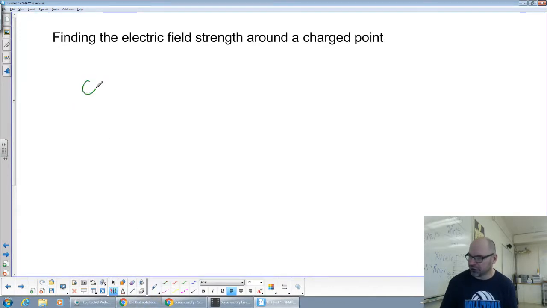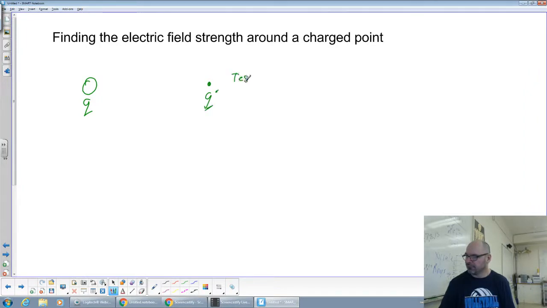If we have a charge here, we'll call it Q, and we have our positive test charge, Q prime, and we want to get the electric field strength in between. We have some distance r between them. We have two equations.